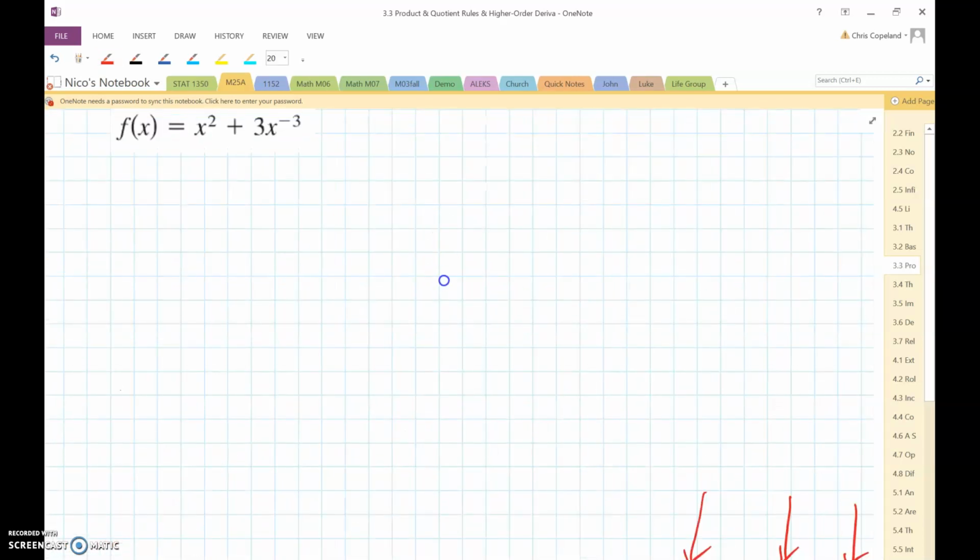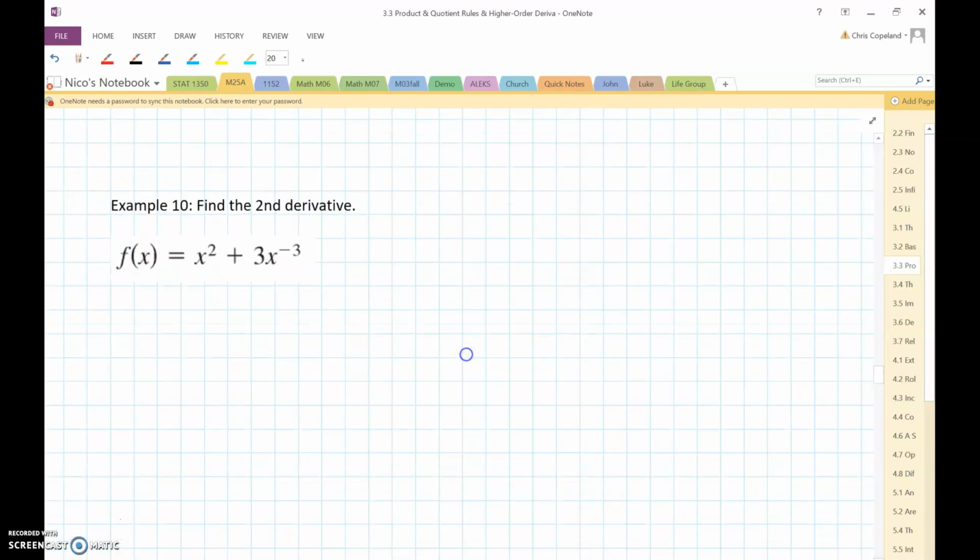So taking the second derivative, I think you can see is not too bad. You're just taking the derivative twice.